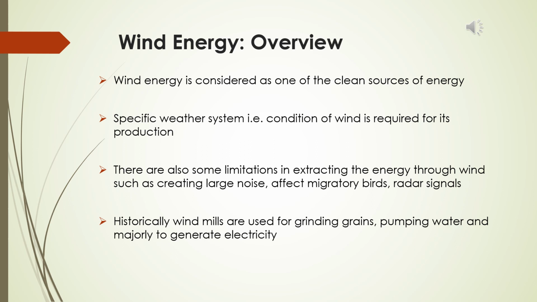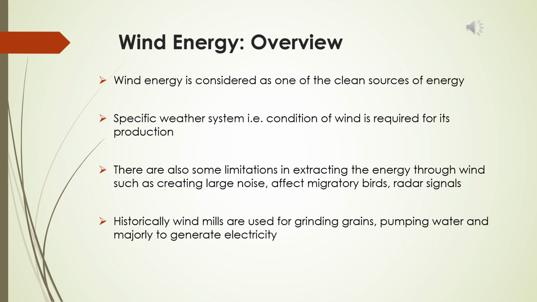If one thing has some advantages, there are some limitations too. So in extracting the energy through the wind, there are few limitations. Like if we have a large wind farm and there are so many wheels available there, in that case it creates a lot of noise which affects the surrounding population, migratory birds, or maybe the radar signals can also be affected in some manner.